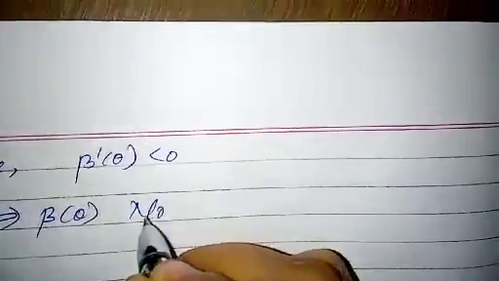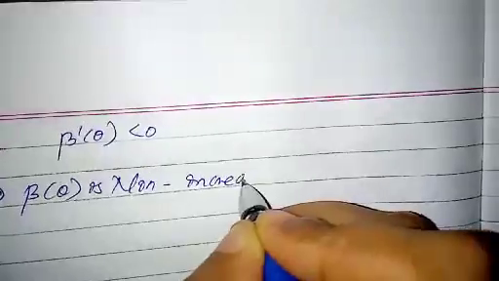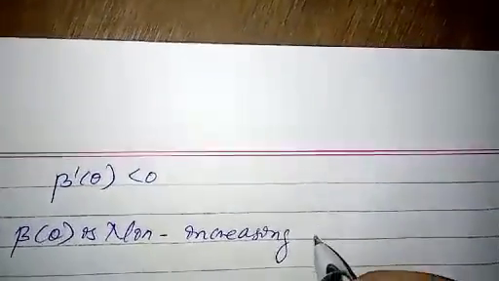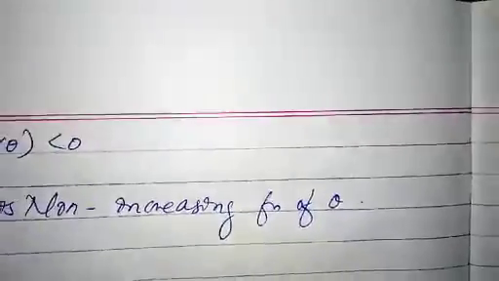So here beta dash of theta is less than 0, which implies that beta of theta is a non-increasing function of theta, right?